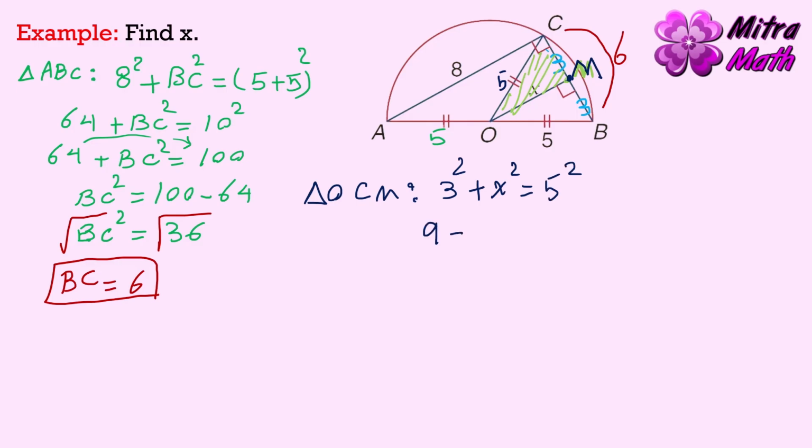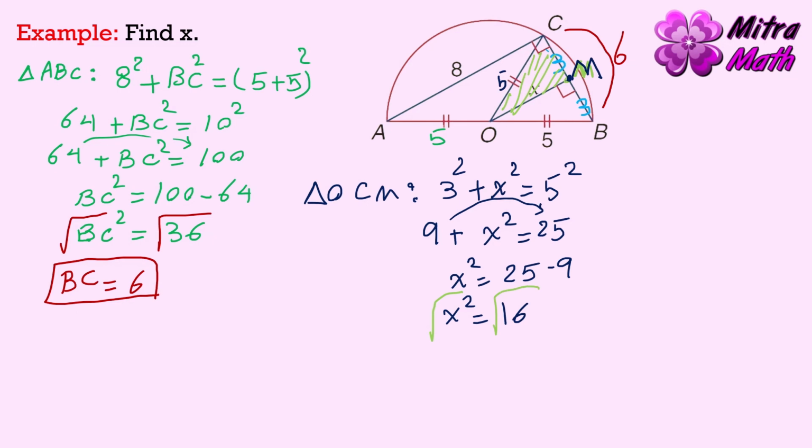So therefore we get 9 plus x squared equals 25. Moving this term to the right side and subtracting, x squared would be 16. Taking root from both sides, we end up that x is nothing but 4 units.